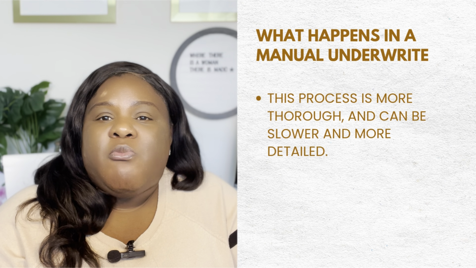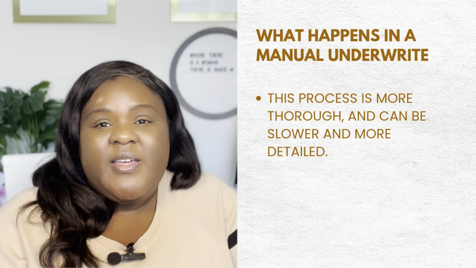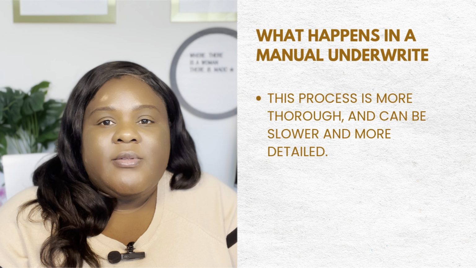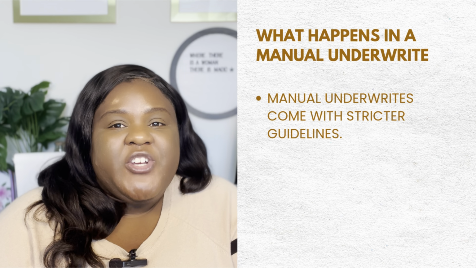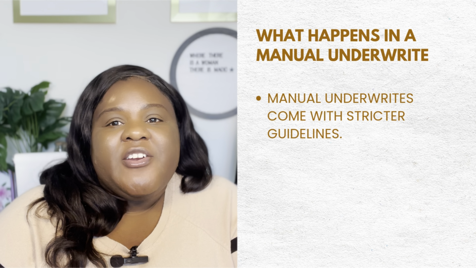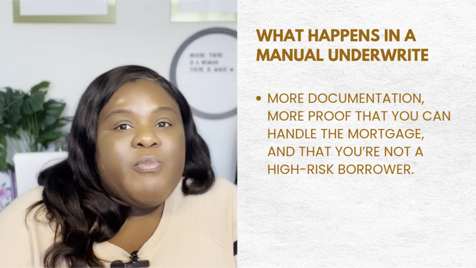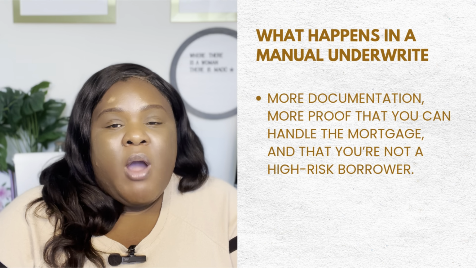This process is more thorough, and because there's no automated system doing the heavy lifting, it can be a little slower and more detailed. So here's the thing. Manual underwrites come with stricter guidelines. The underwriter is going to want to see more documentation, more proof that you can handle the mortgage, and that you're not a high-risk borrower.